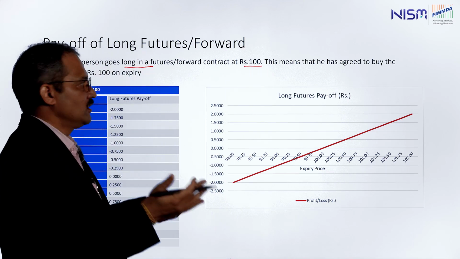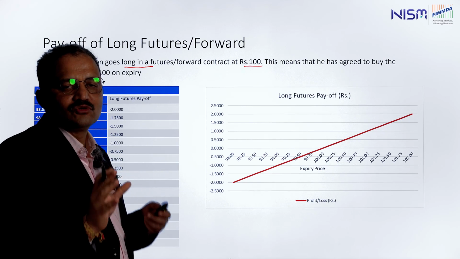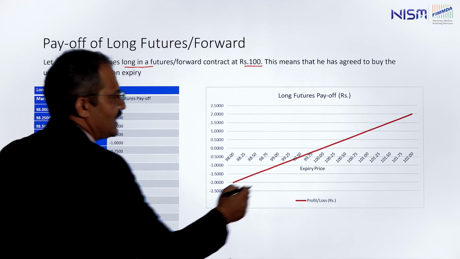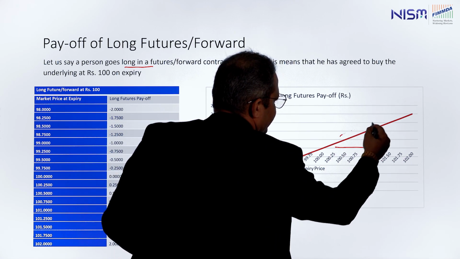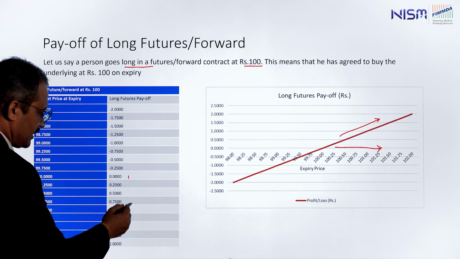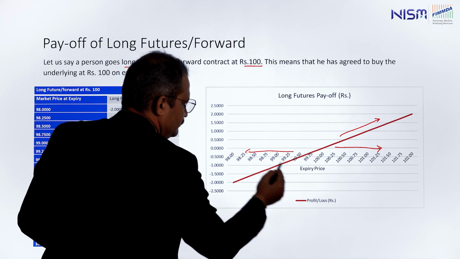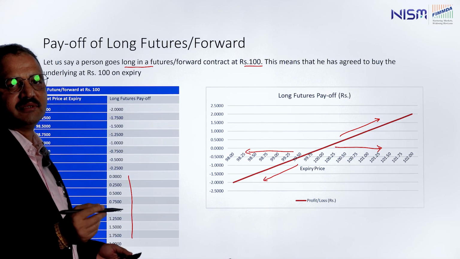So he is long on the bond, but short on interest. He assumes that the interest rate will go down and bond prices will go up. So as the price increases, he will make a profit. As the price decreases, he will have a loss.